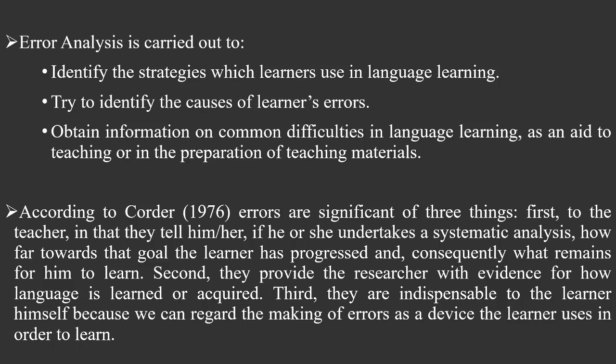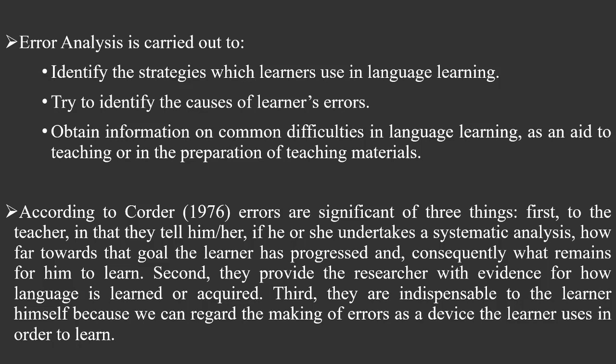So basically, this statement by Corder 1976 is significant in three matters. First, errors are significant to the teacher. So the teacher knows whether he is using systematic analysis or not, what methods he is using. The teacher can diagnose, okay, his students when they make errors.